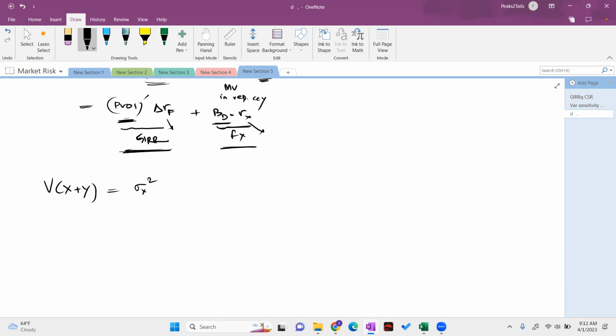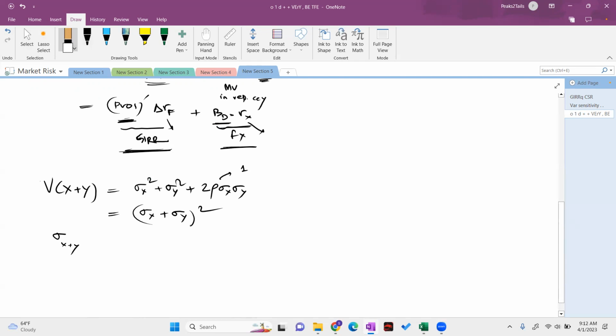Sigma x square plus sigma y square plus 2 rho sigma x sigma y. If rho is 1, this becomes sigma x plus sigma y whole square, and sigma of x plus y becomes sigma x plus sigma y.